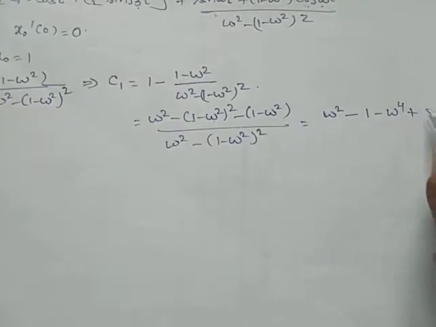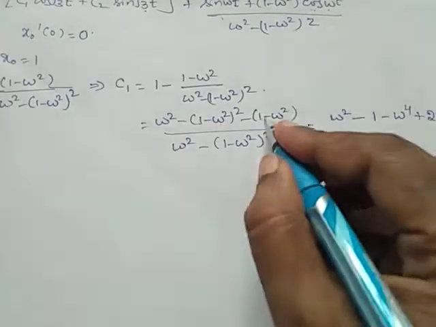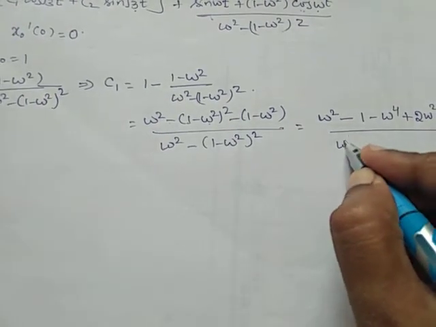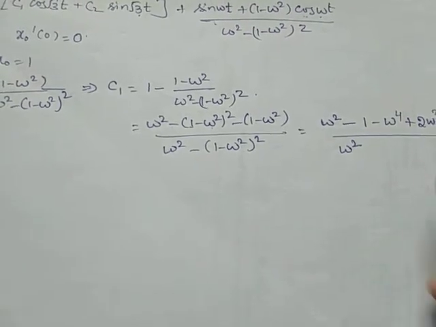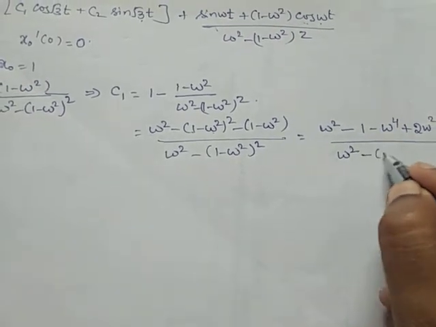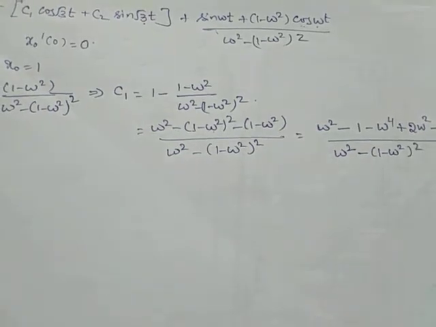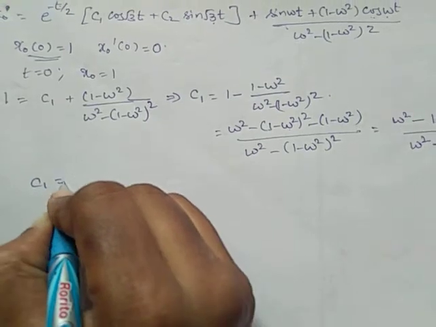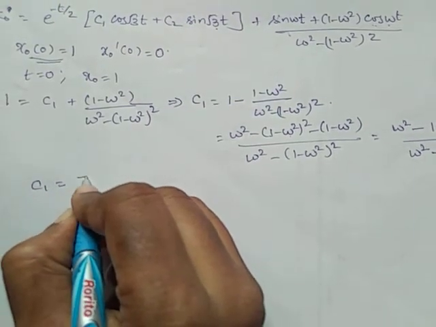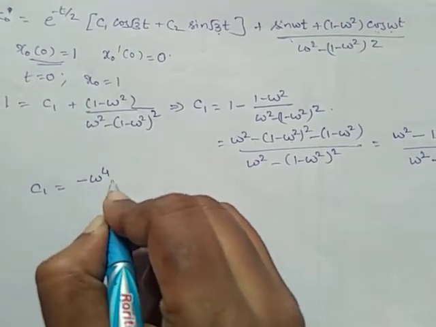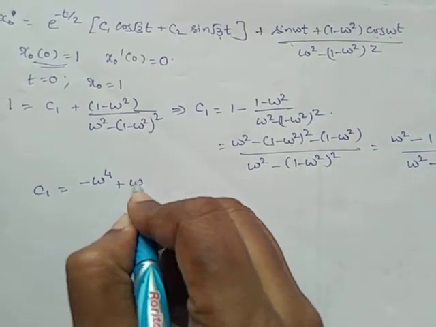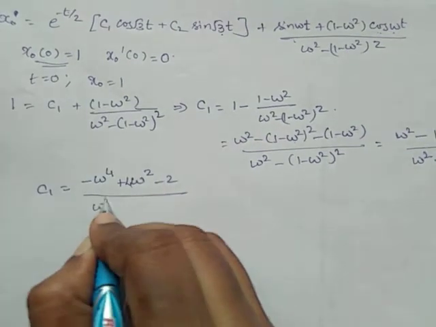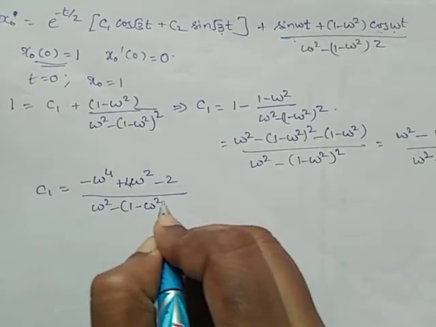Minus into minus will become plus. So we will get C1 as (minus omega power 4 plus 4 omega square minus 2) whole divided by (omega square plus (1 minus omega square) whole square).